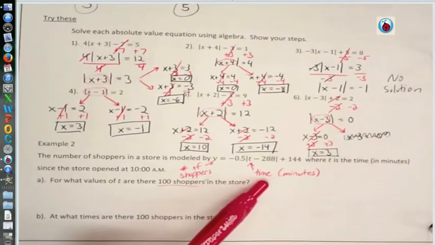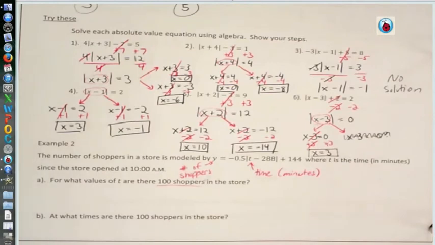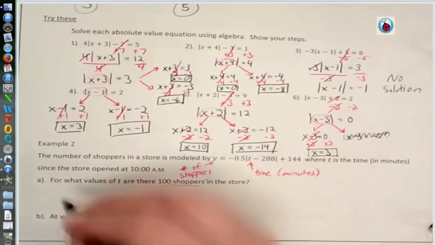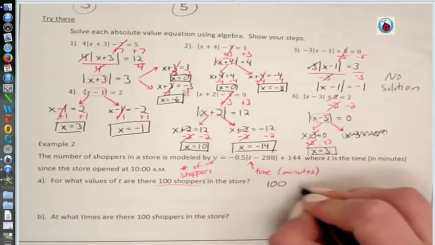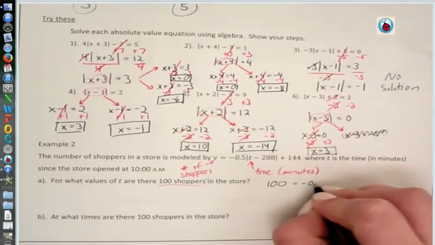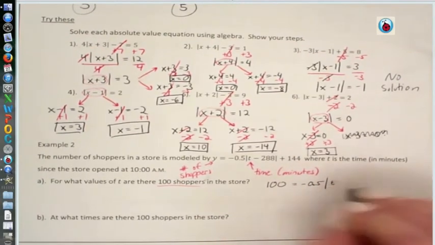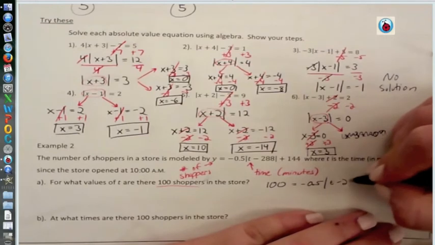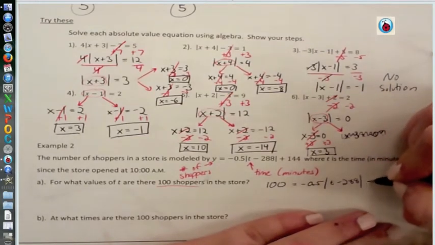Definitely not time. I'm going to plug that in for y. So I'm going to plug in 100 for y equals negative 0.5 times absolute value of t minus 288 and then plus 144.